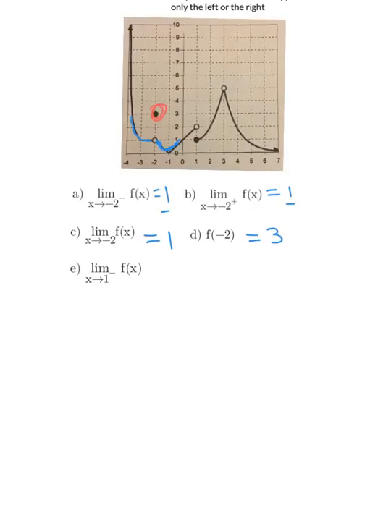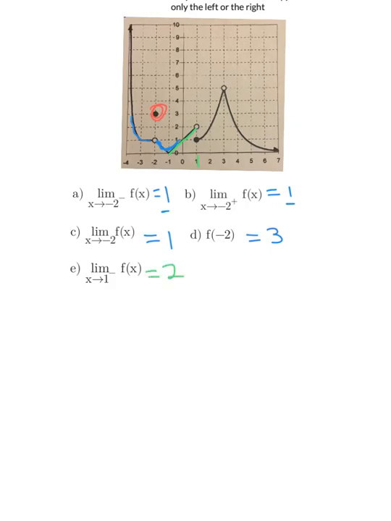On question E, we are changing the value of x that we are approaching. So this time we are approaching +1 from the left. So if we look, here's +1. As we trace that function from the left, what y value are we going into? Well, that y value is 2.